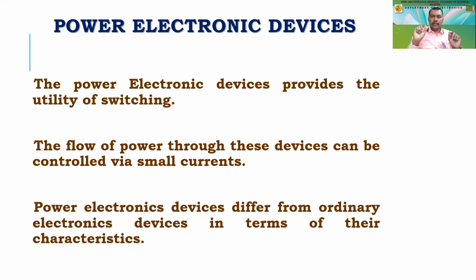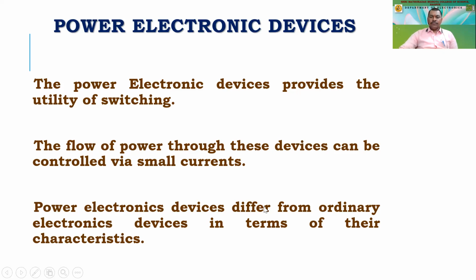That switching, putting on the switch, gets a high voltage, high current passing through it, and because of that we have sparks in the plug or in the switch. That can be controlled and maintained by using these power electronic devices, right? So the flow of power through these devices can be controlled via small currents. Small voltages can control high power. Those are called power electronic devices.